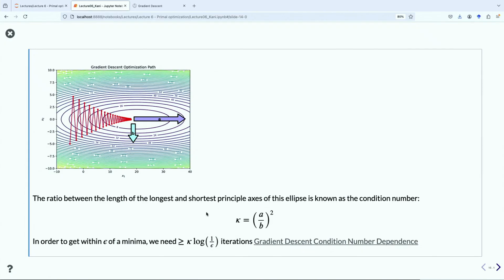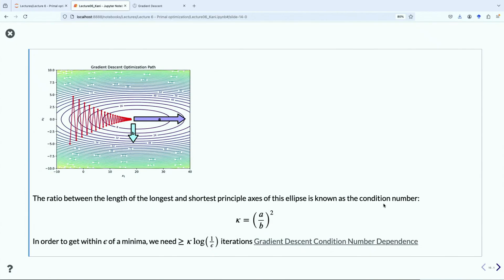But without going through the proofs, there's an idea in optimization where you have two principal axes, and one is longer than the other. There are mathematical ways to measure how long the principal axes are, but the ratio of the principal axes squared is what's known as the condition number.